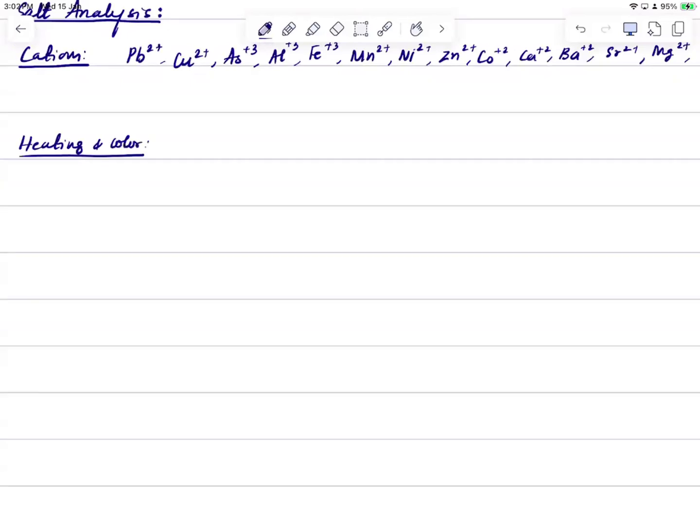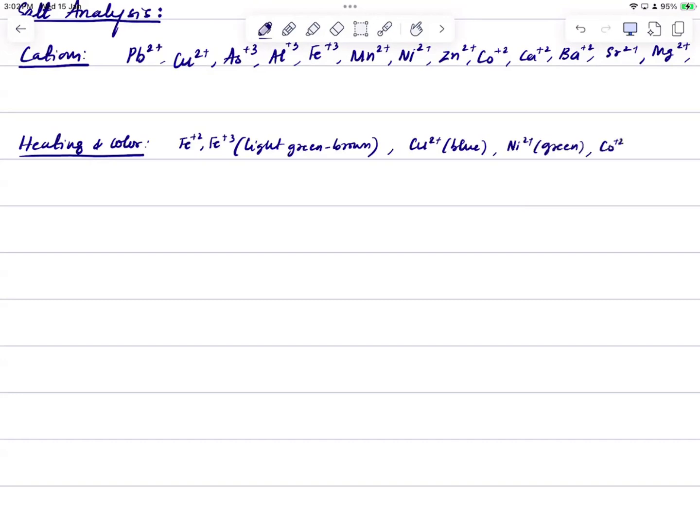Correct? So if it is Fe2+ or Fe3+, typically it is light green to brown. If you see anything light green to brown, these are the compounds. Next, Cu2+ is always blue color. Nickel 2+ is green color.